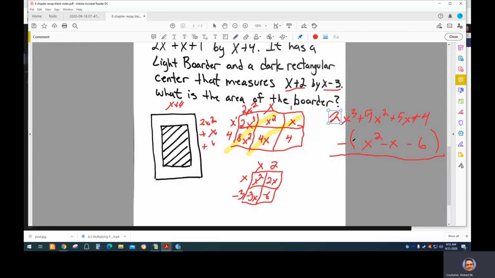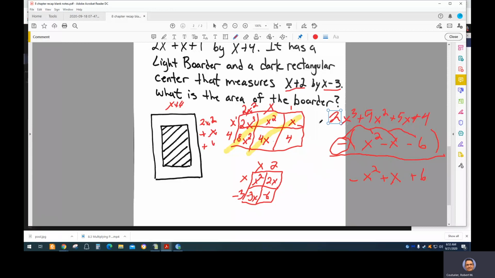Now we have to be very, very careful here. We need to do what? This is the one where I told you when we get to a problem that looks like this, there should be a couple steps. We should distribute this first to each piece. So this becomes a negative x squared, a positive x, and a positive 6.